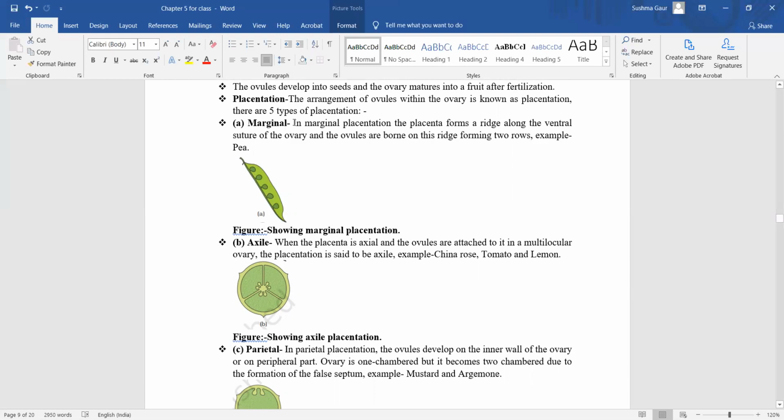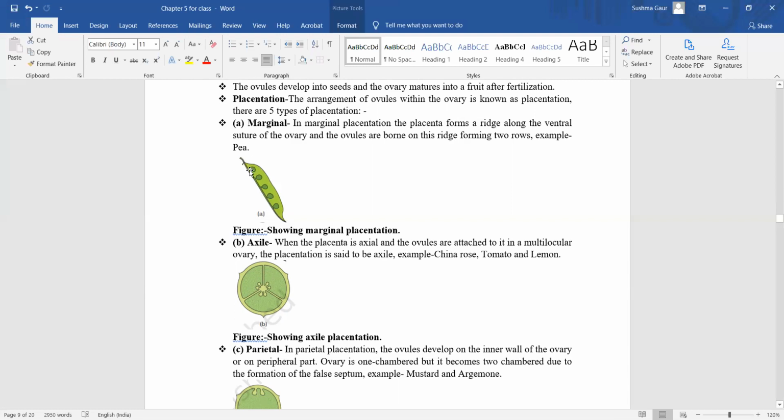As the name itself suggests, in marginal placentation, the placenta will form a single ridge along the ventral suture. This is the dorsal surface and this is the ventral surface.